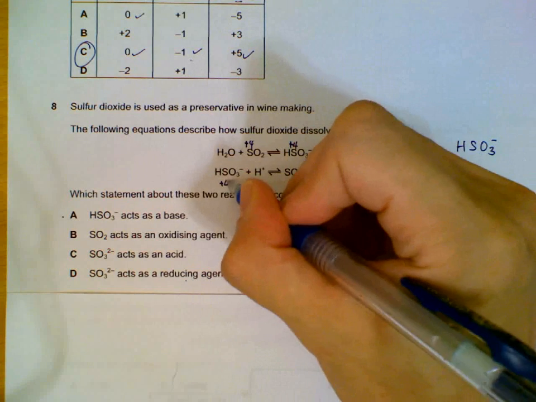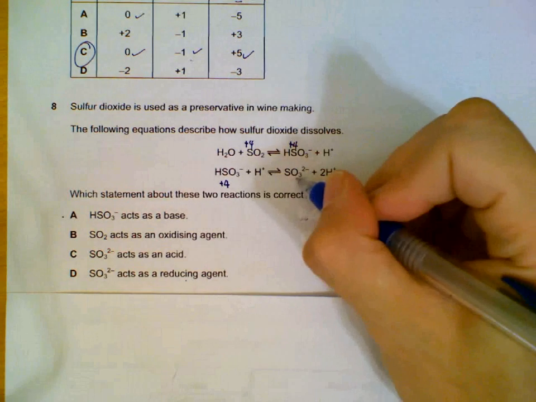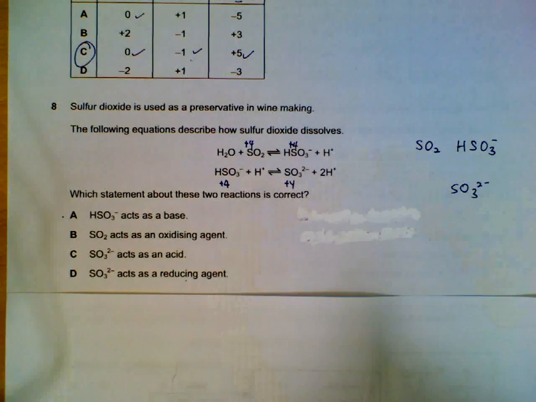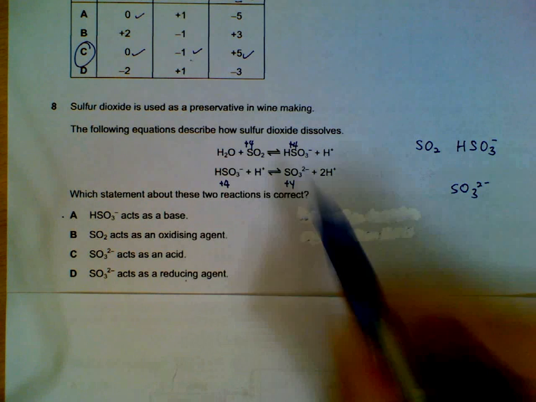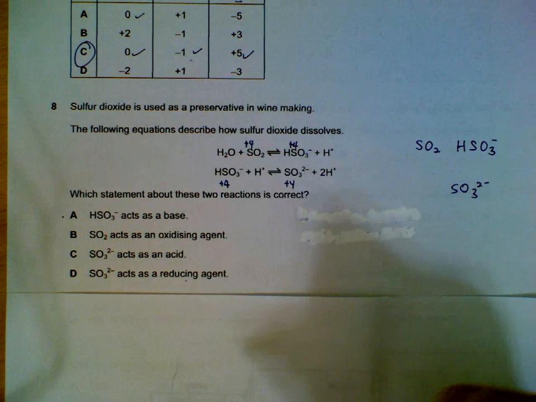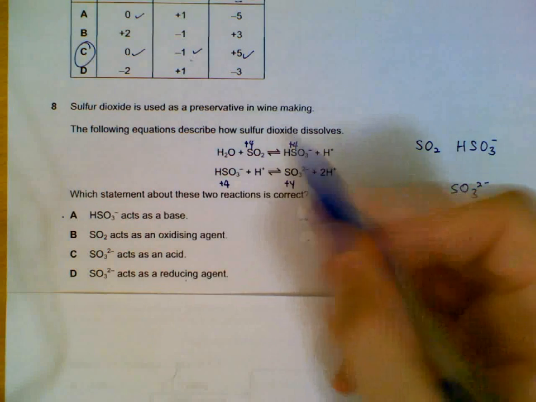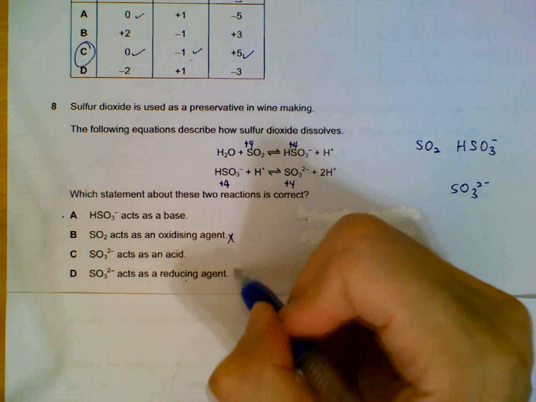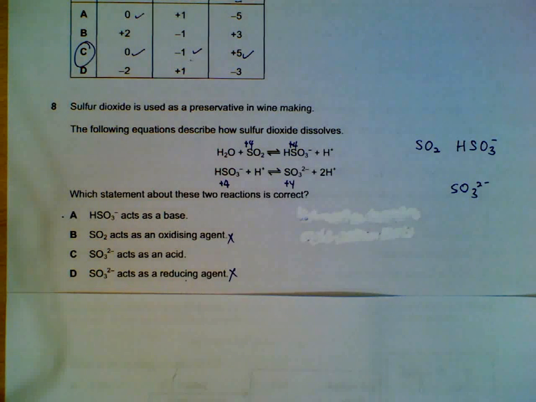It is still +4 here. And finally, this will still be +4. So if you check the oxidation state of sulfur, you realize there's no change in the sulfur. In other words, it won't be acting as a reducing agent or oxidizing agent. Because if it is, its own oxidation number will be changing. So it's not a redox reaction.